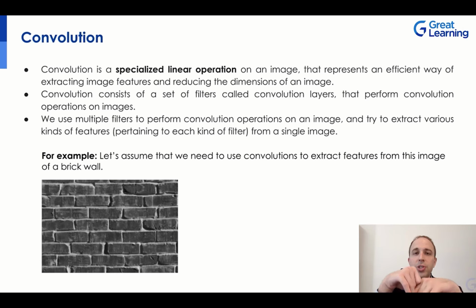To do convolution, you represent an image as a matrix, and then you create another matrix called the convolution matrix. And really all you do is multiply these matrices together in some way. So you multiply an image matrix by a convolution matrix, and you get some result which shows your features. And we're going to show you some examples of that.